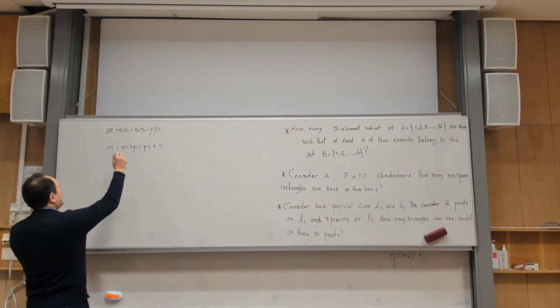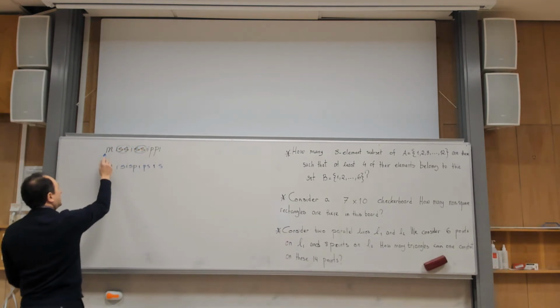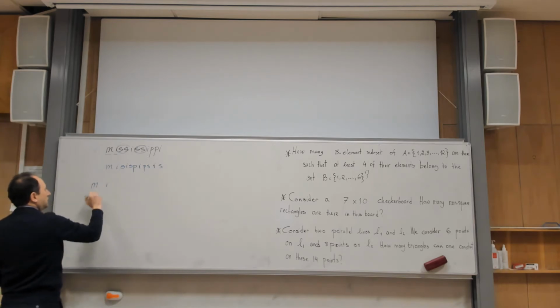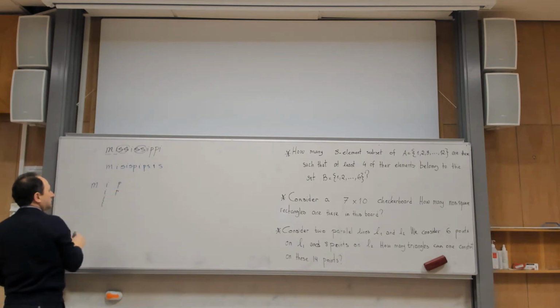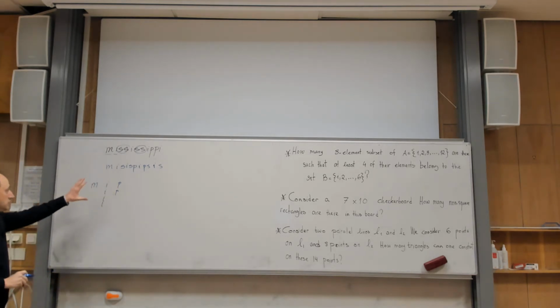For the time being, you are ignoring S's. So what is left for me? M, I, again I, and 2 P's. Yes. 1, 2, 3, 4, 5, 6, 7, and 4 I's. Yes, 11. So first you say that I arrange these letters, yes?